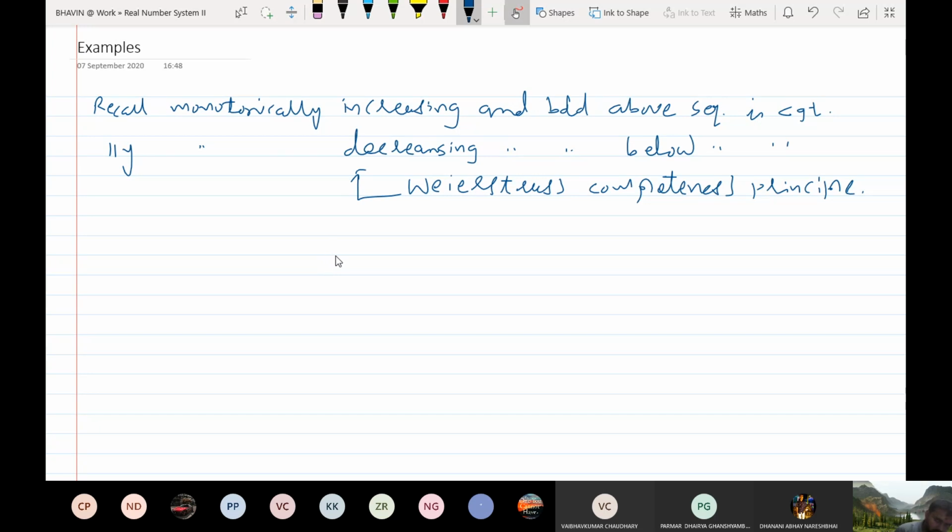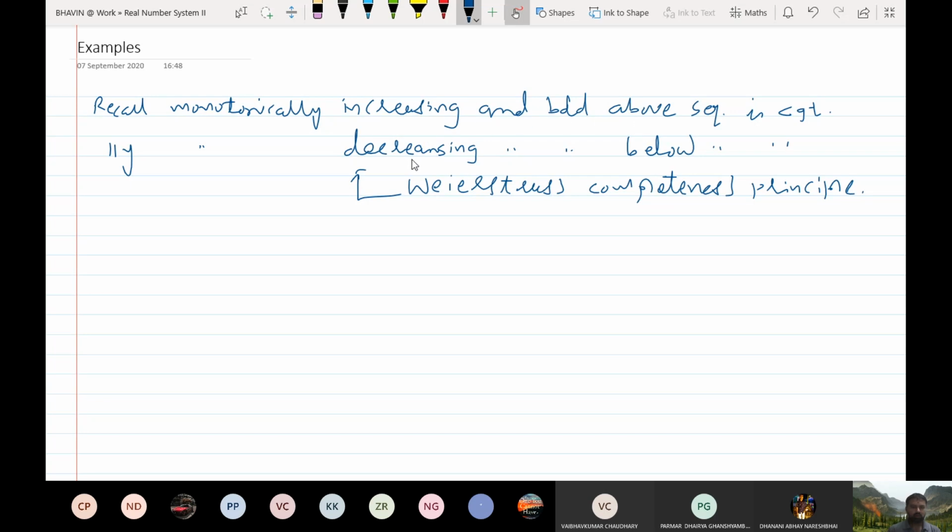So suppose you want to show that a sequence is convergent, you need to show only two things. First, show the sequence is monotonically increasing, and second, show that it is bounded above.